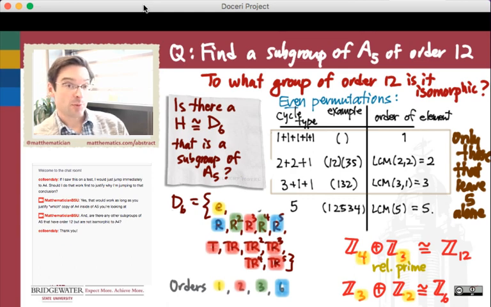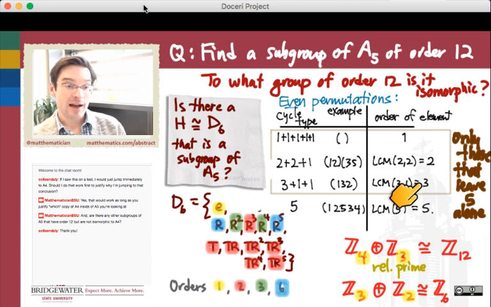And if this were isomorphic to a subgroup of A5, that must mean that there's a subgroup of A5 that has exactly one element of order 1, exactly 7 elements of order 2, 2 elements of order 3, and 2 elements of order 6. And looking in my table of the orders of elements in A5, I might be able to take some subset of elements that has the right number of elements of order 1, order 2, and order 3.